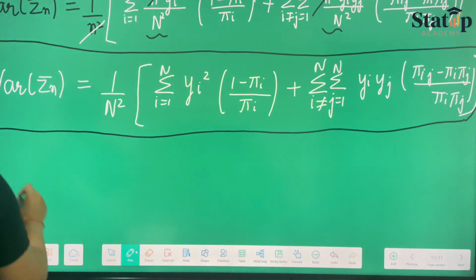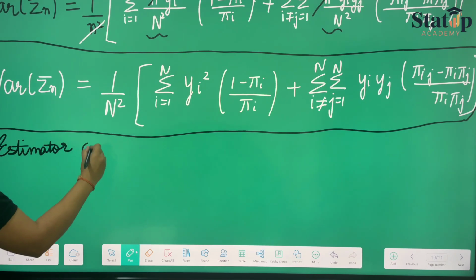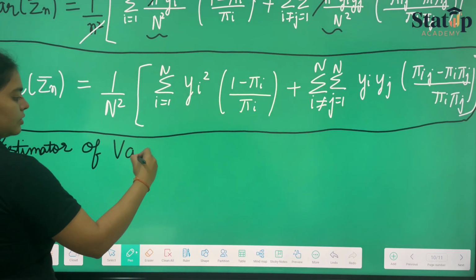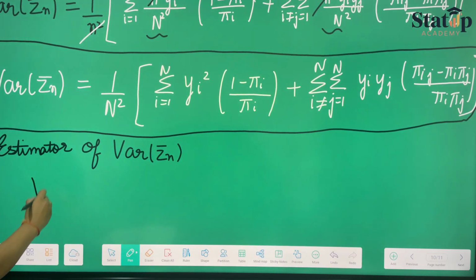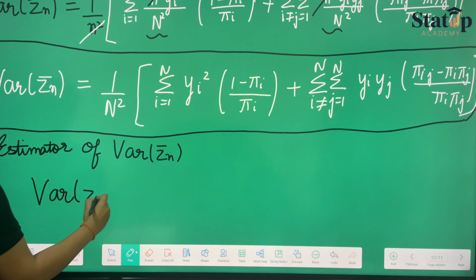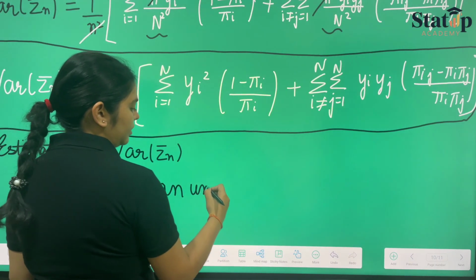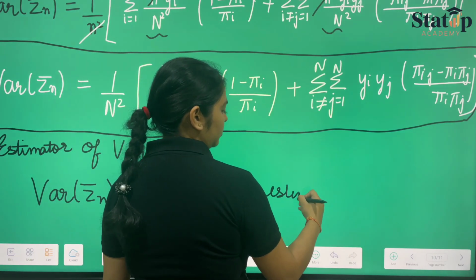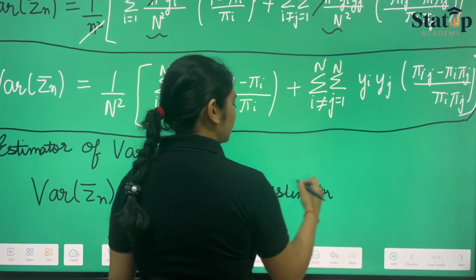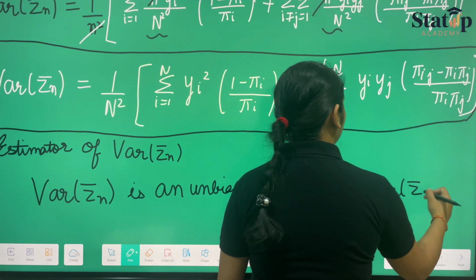And the estimator of this variance, the estimator of the variance of z̄n, we can directly write as: the estimated variance of z̄n is an unbiased estimator of the variance of z̄n.